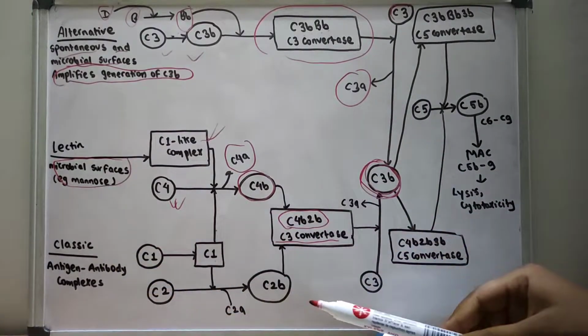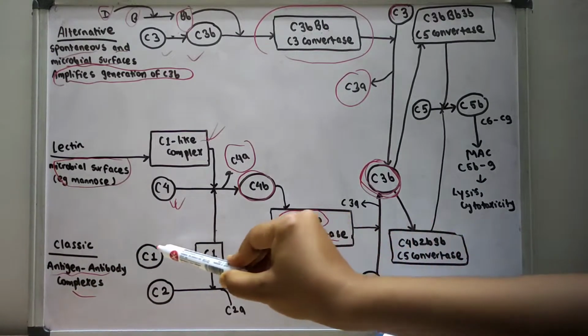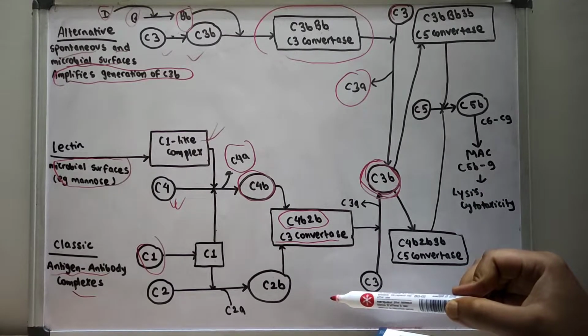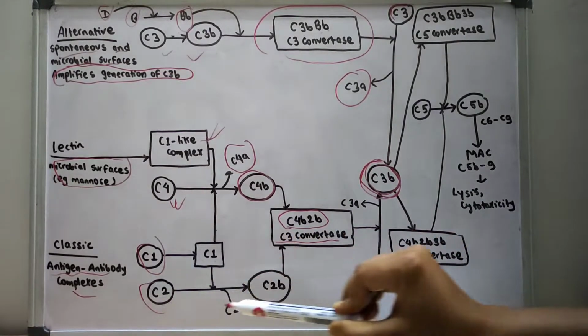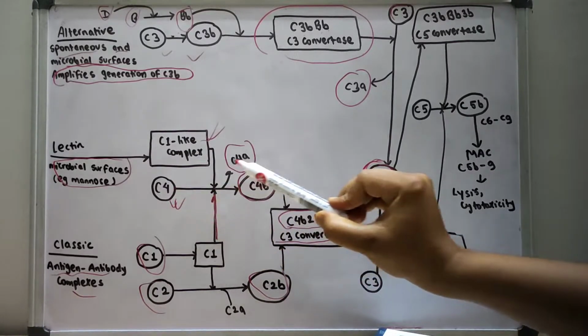Now in the classical pathway, there is the involvement of antigen-antibody complexes. That means we have the C1 complement protein, and the C1 complement protein converts the C2 into C2b. This same C1 also converts the C4 into C4b.